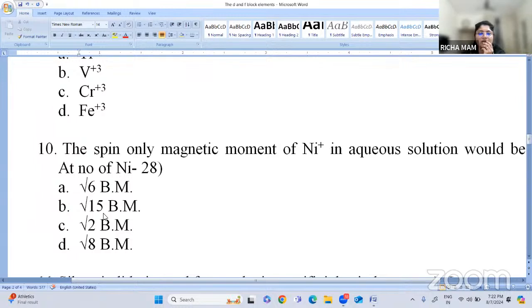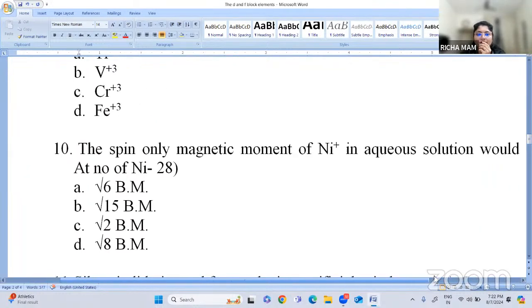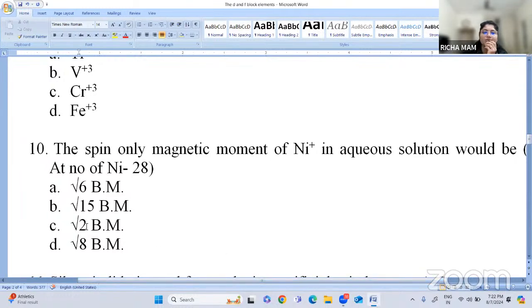Next question. The spin-only magnetic moment of Ni plus in aqueous solution would be, atomic number of nickel is 28. So nickel is 28, so it is argon 18, 3d8, 4s2. So nickel plus means what?